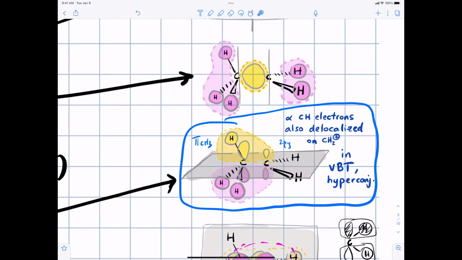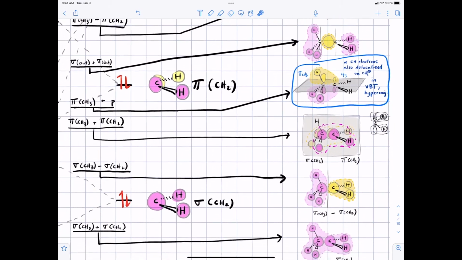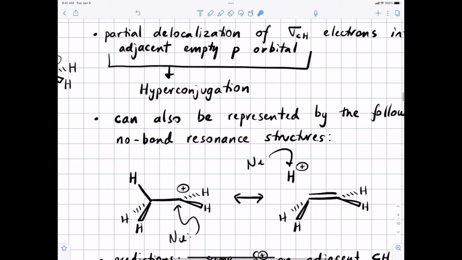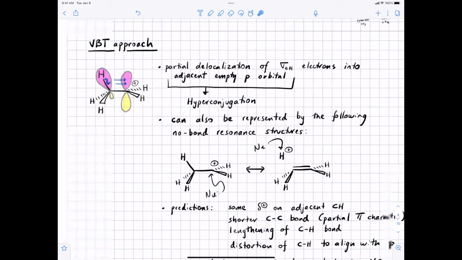Okay, so qualitatively, the picture I showed you here corresponds to what we say in hyperconjugation, where some of this electron density is actually over here. The orbital I just drew maybe represents the hybrid structure between these two.